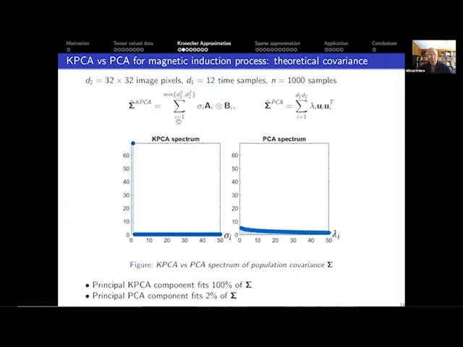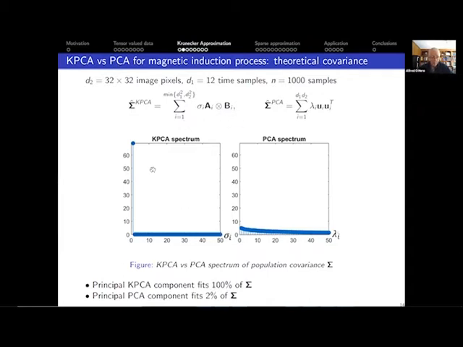So this concentrates the eigenspace into one dimension spanned by this Kronecker product, A1 Kronecker B1, where A1 and B1 are determined by the rearrangement, where the vectors are left and right singular vectors of the covariance.